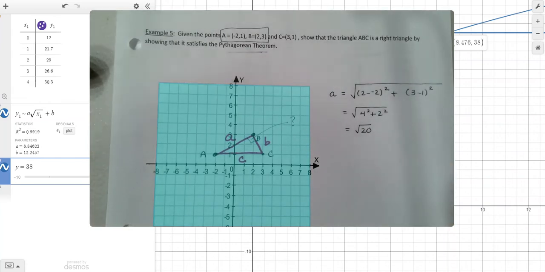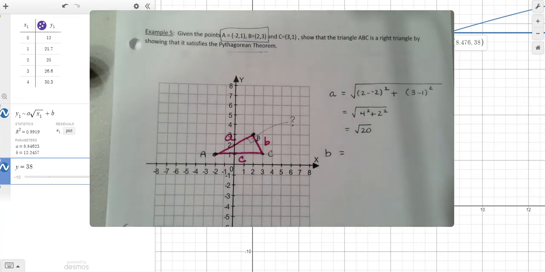Now, I don't necessarily need to bother simplifying that. I could if I wanted to, but my goal isn't really just to find the lengths of the sides. My goal is to show that we have a right triangle. And I don't need simplified forms to do that, so I was going to leave that one.